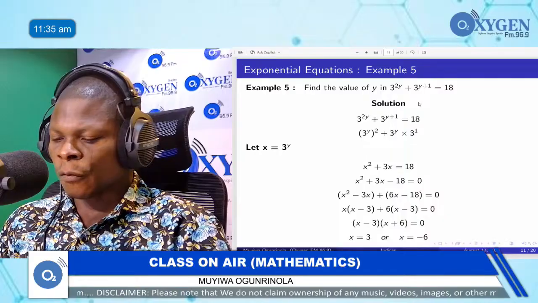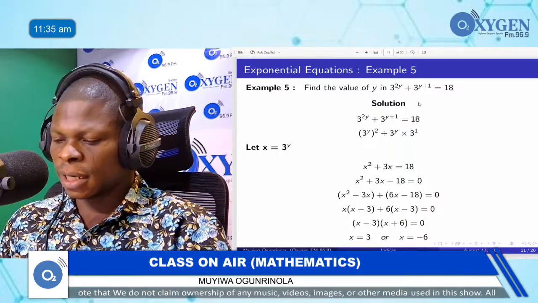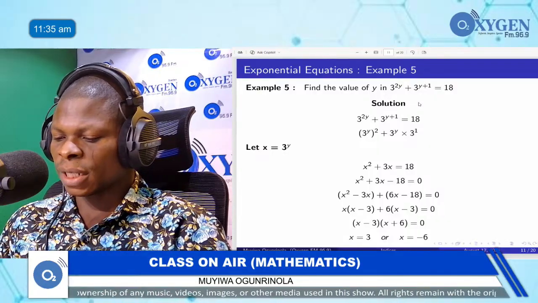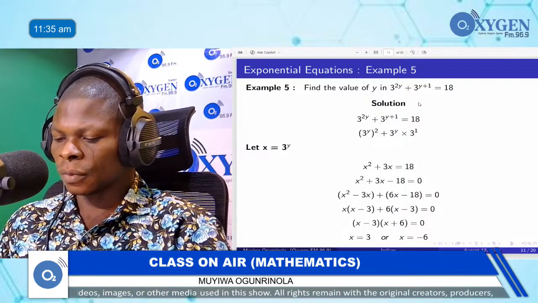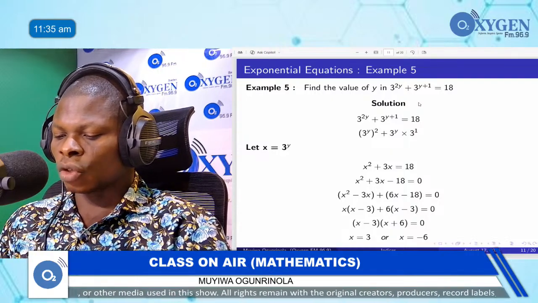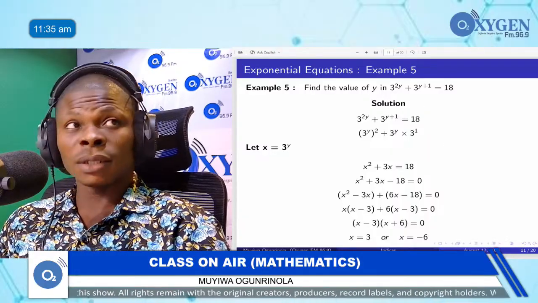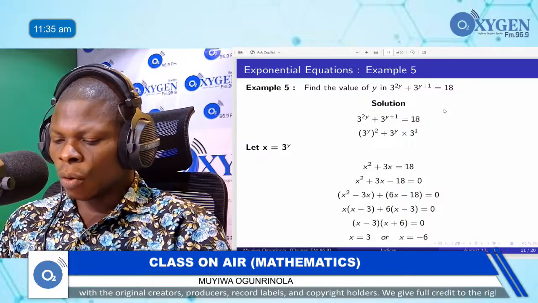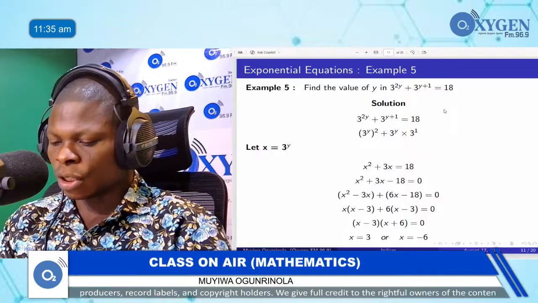Now, example 5. Find the value of y in 3 raised to power 2y plus 3 raised to power y plus 1 is equal to 18. This one will follow the same procedure.